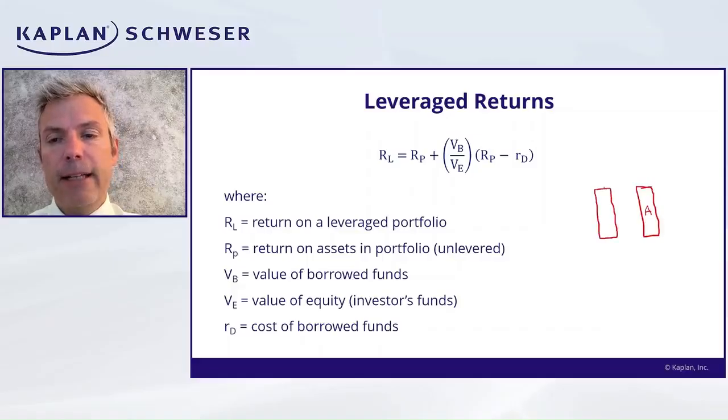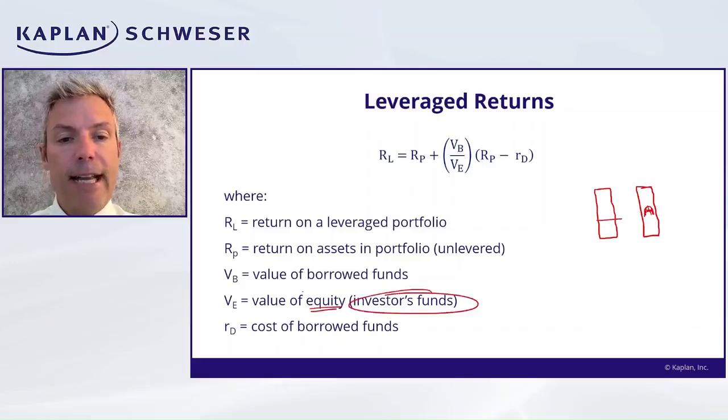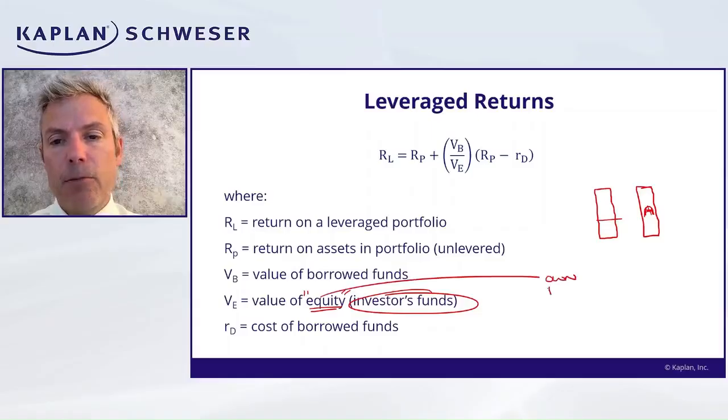Now, you've got to be careful here, all right? You've got your assets that you're investing in your portfolio. And what we're saying here is they're not all funded by yourself. You've got to be careful because the funds that the investor puts up is referred to as the investor's equity. And you need to view that as not shares, but that's the investor's own funds. What we're looking at here is kind of like a mini balance sheet, which you'll become familiar with as you go through the accounting section of the CFA Level 1 curriculum.